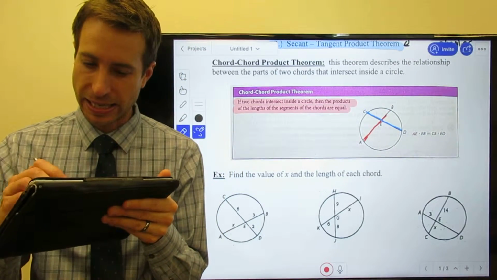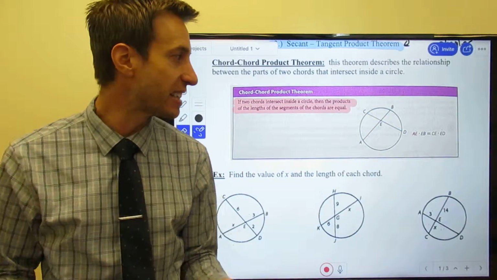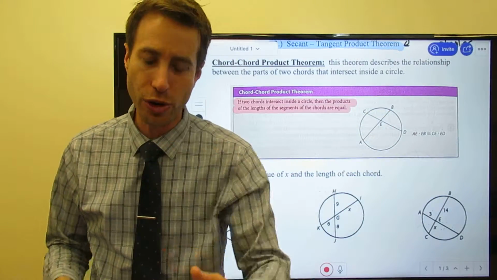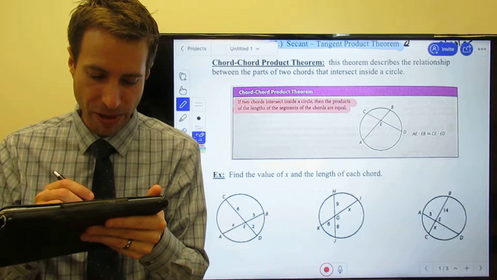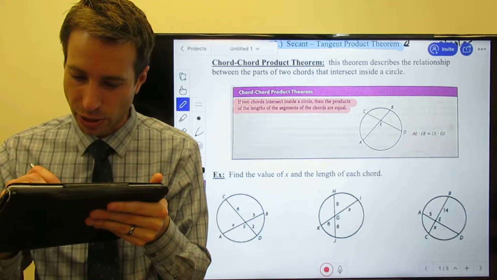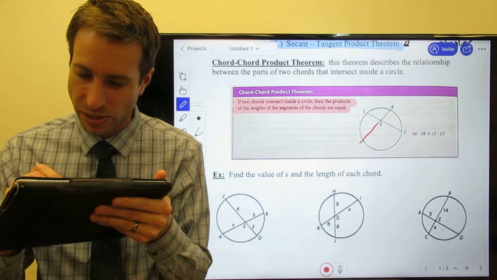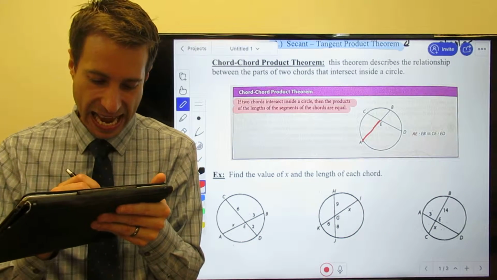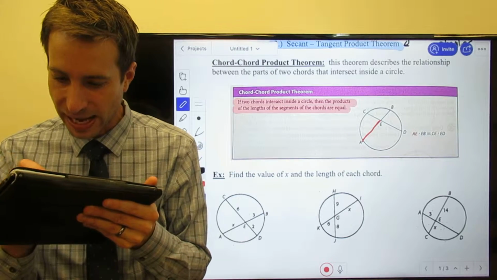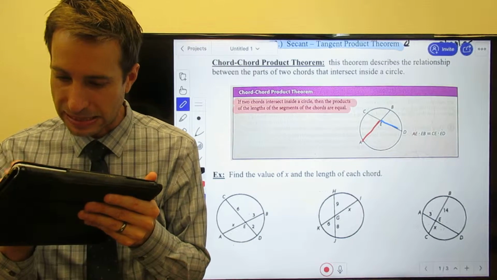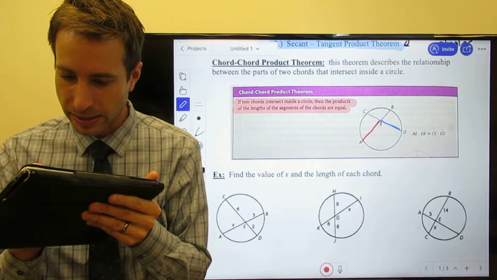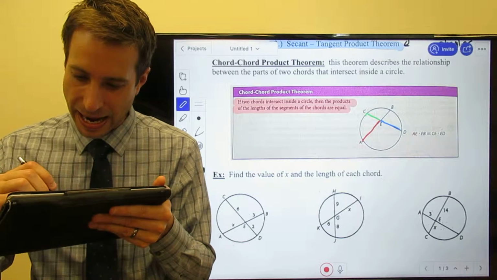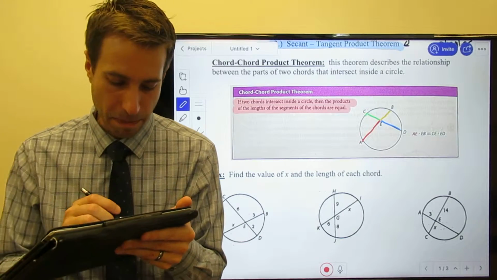Really simple idea. Here's what it says. In the diagram it's actually colored, but your notes are probably printed in black and white, so let me do it for you here so that you can see it in color. I have four segments. I have segment AE, segment ED, segment CE, and segment EB.